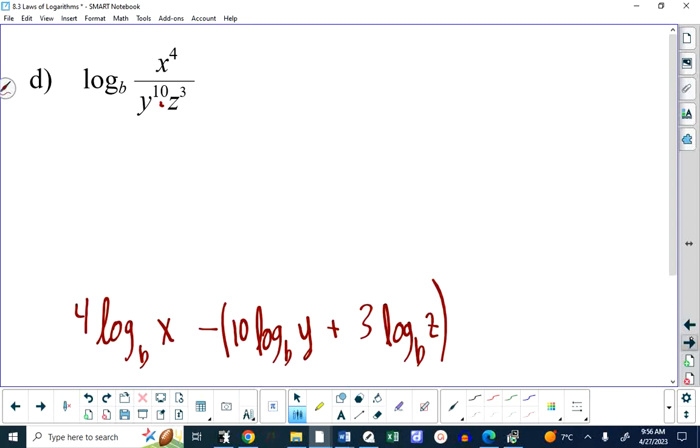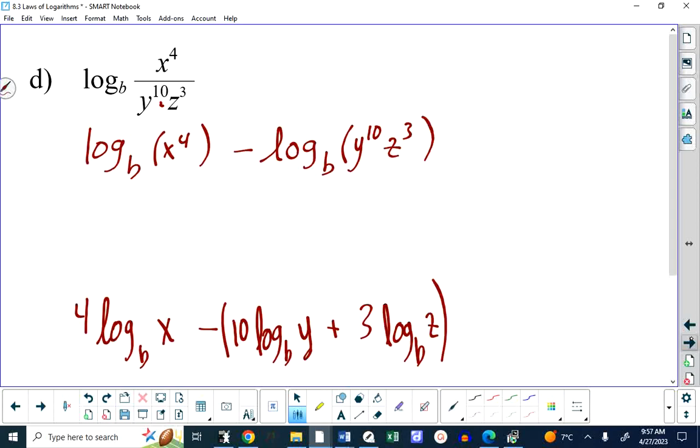And if you want to trace, we'll get to the final answer in a second, but if you want to trace from the question down to this, it's log base b of x to the 4 minus log base b of y to the 10 z cubed. But this is this. And I hope you appreciate that.